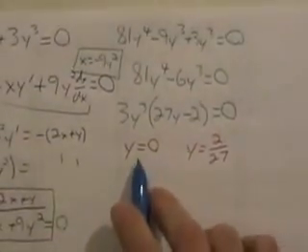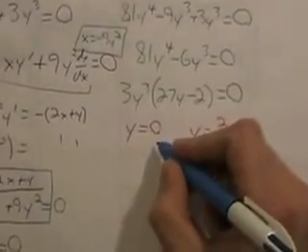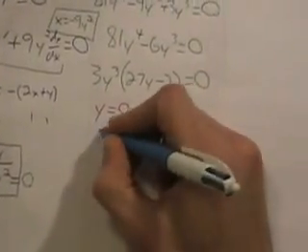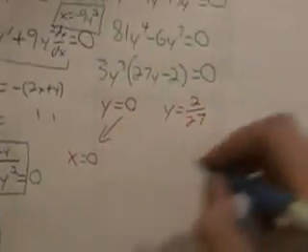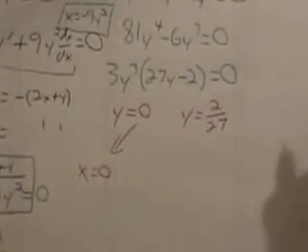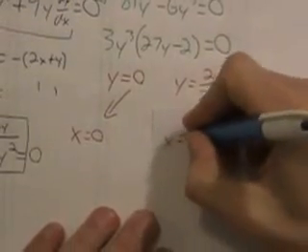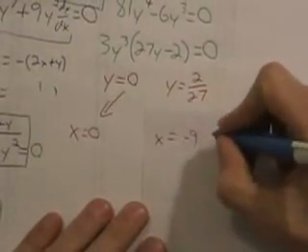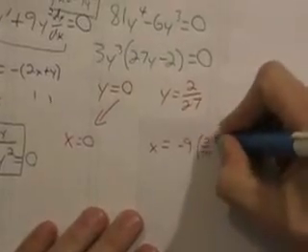So all we have to do is square it and multiply it by minus 9. If y is 0, that gives us x is 0. So far that gives us the origin. And if y is 2/27, x equals minus 9 times (2/27) squared.